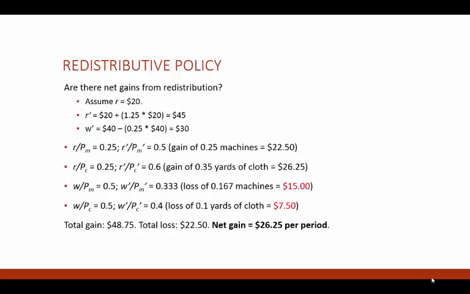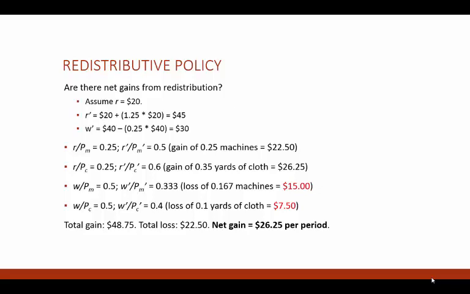We can again think about the possibility of redistribution, where those who lose, in this case workers, are compensated fully for their losses by those who gain, in this case the owners of capital. To investigate this, we assume that the pre-trade rental income is $20. We then compute the pre and post values for real rental in both goods and real wages in both goods.